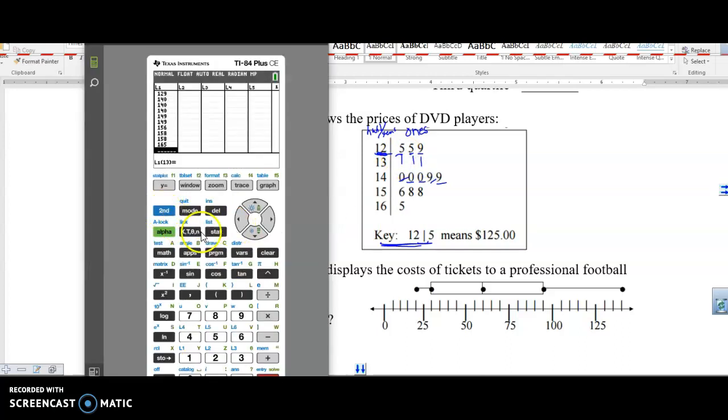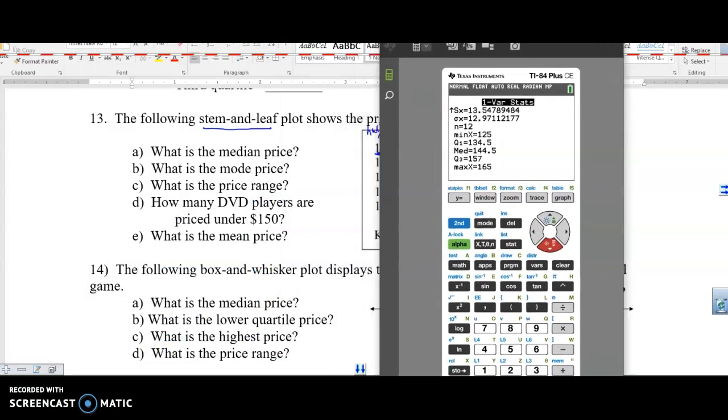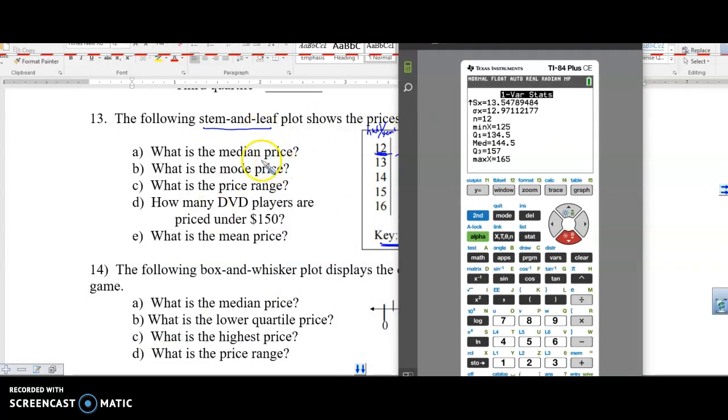All right, so let's go find our information. We're going over to calc and number 1, and we want our quartiles. Now this is going to fly down on me, but anyway, let's look at all of the information, because this asks for the median. The median's right here, 144.5.